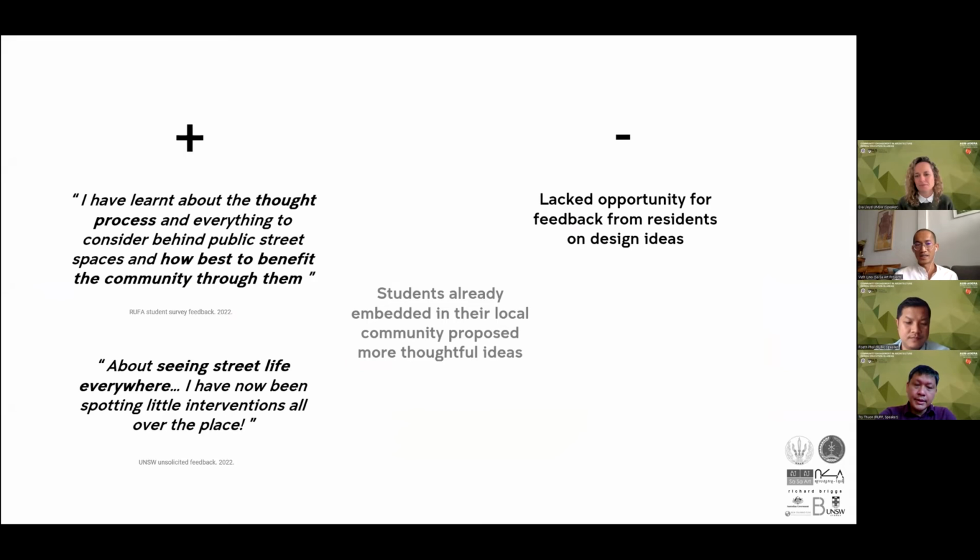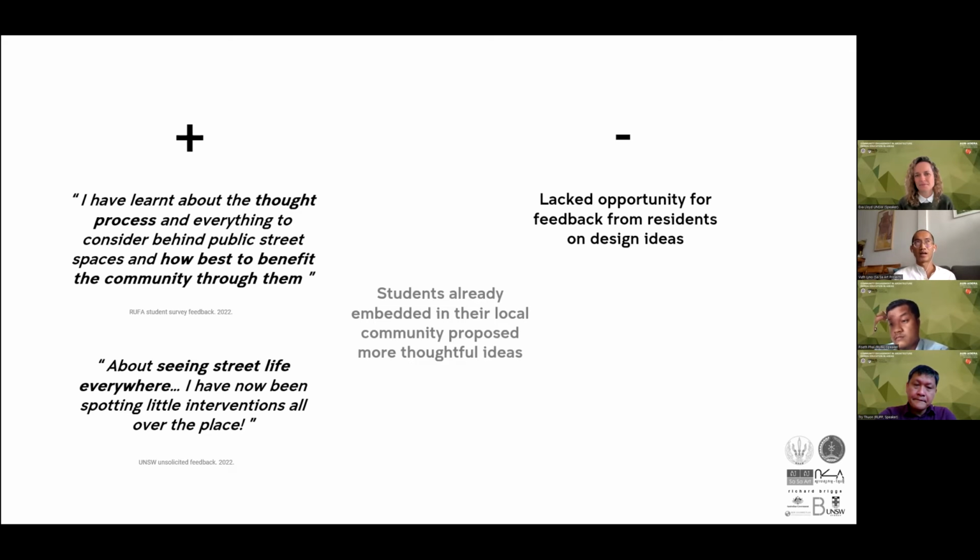Nevertheless, we noticed that they're starting to build these critical eyes, and after this course, they responded that they're starting to see street life everywhere. This could be some ideas for this intervention, for example.